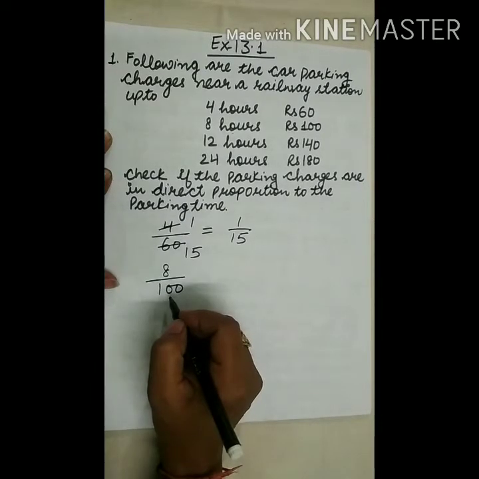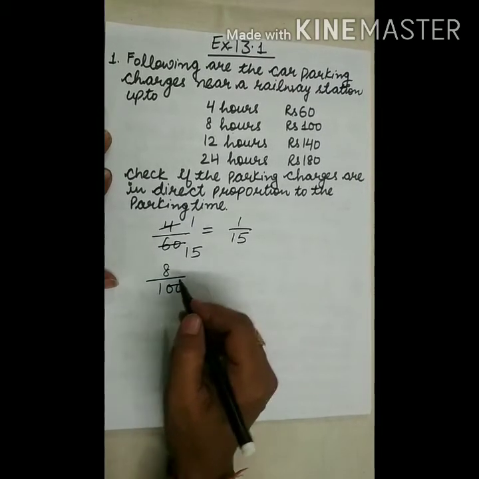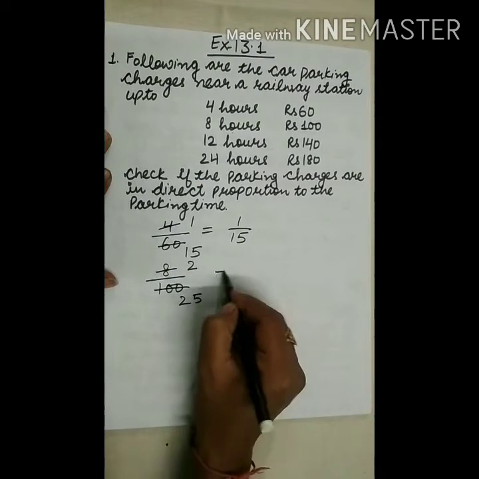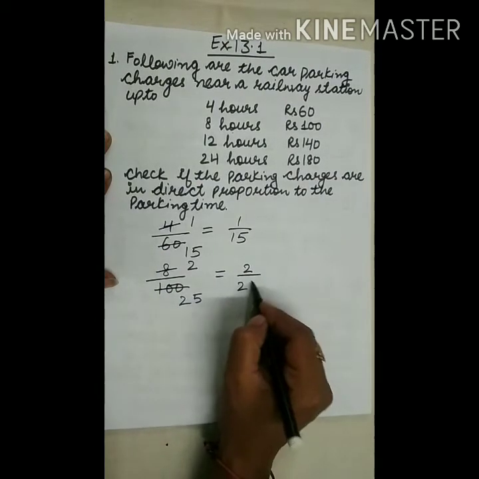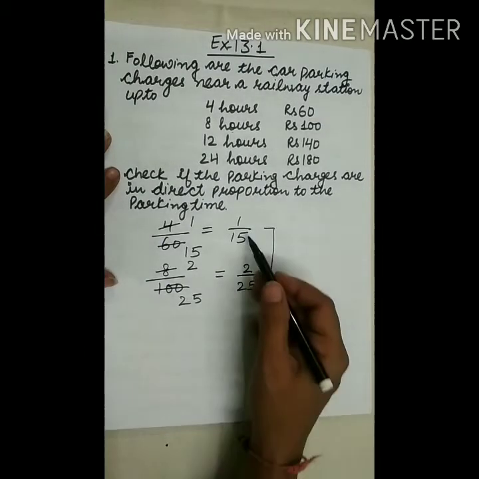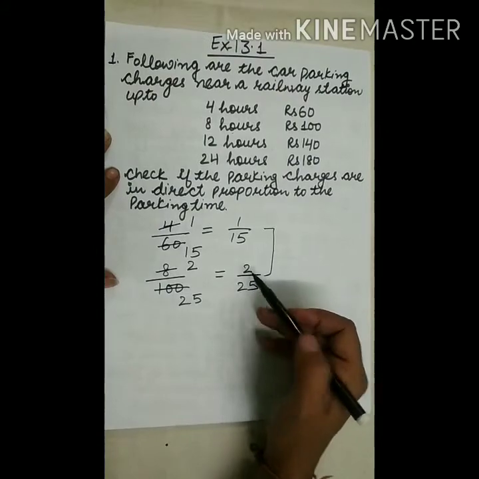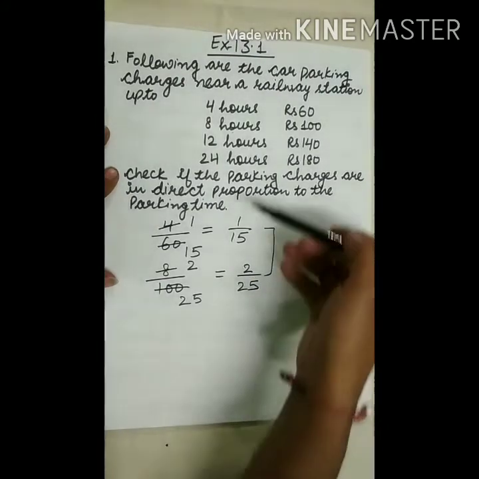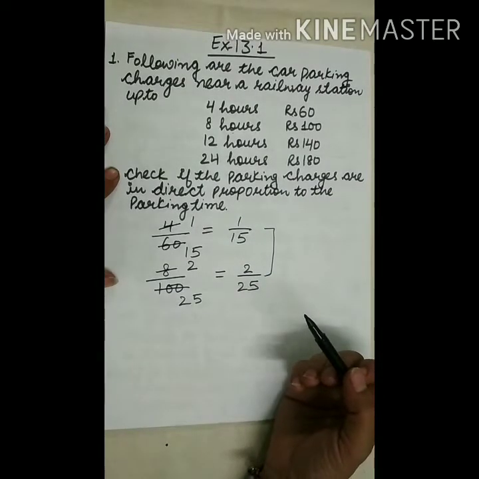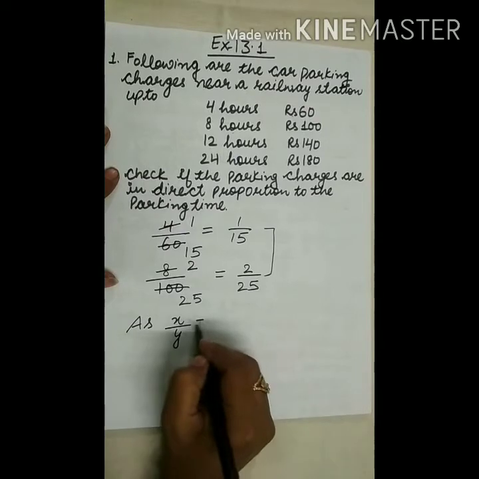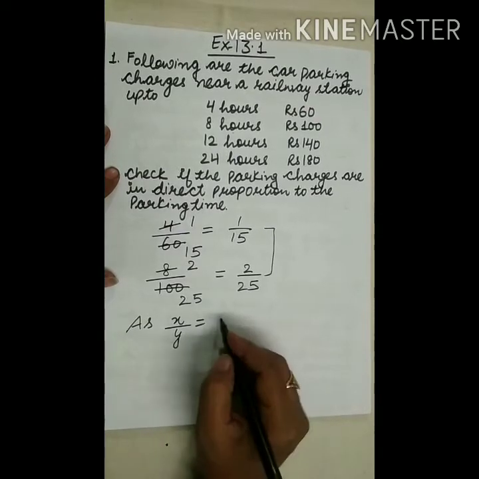Again I will calculate the reduced form: 2 fours are 8, 25 fours are 100. This is equal to 2 upon 25. Now we can see from the first two values that they are not the same, so the ratio x upon y of the two factors is not constant.